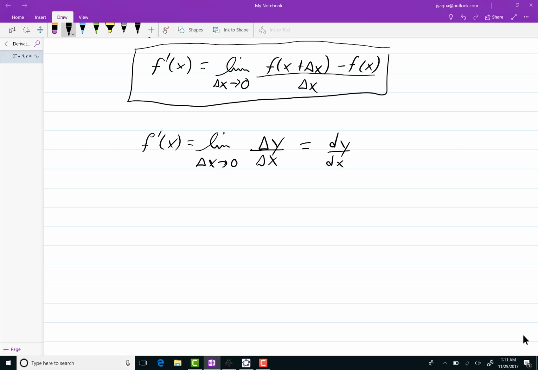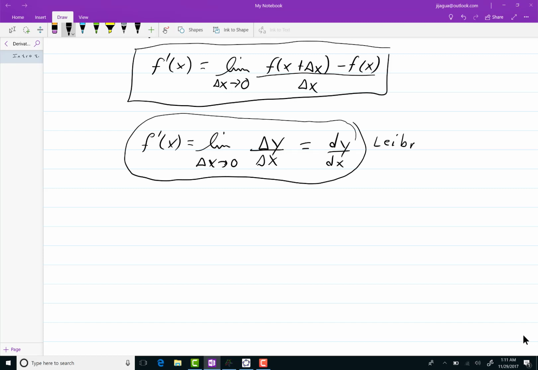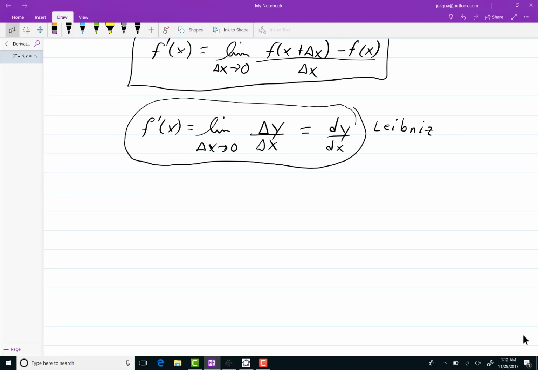So here is another notation for f prime of x. This notation is attributed to Leibniz, German mathematician and statesman who took an interest in helping to develop calculus, along with Newton.